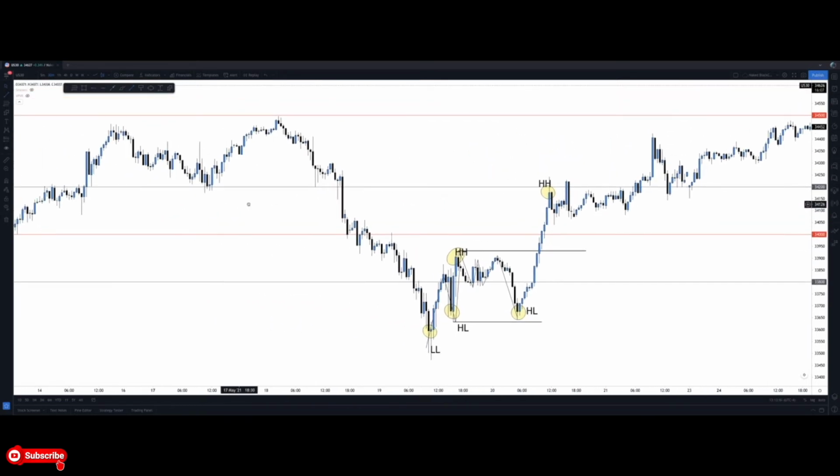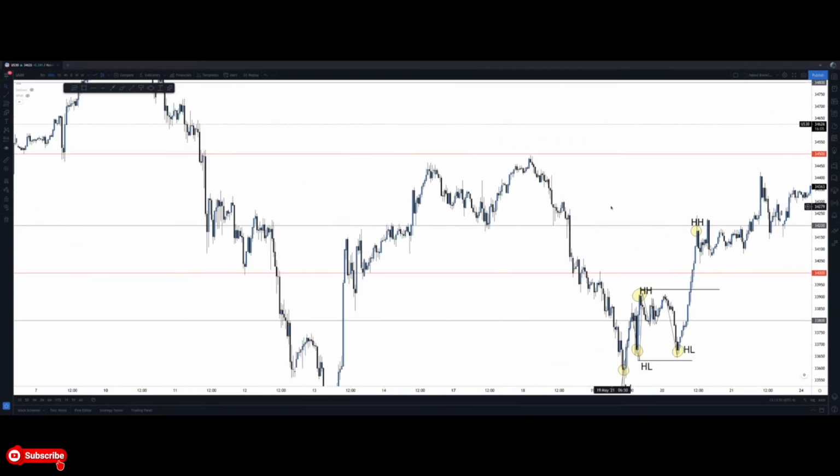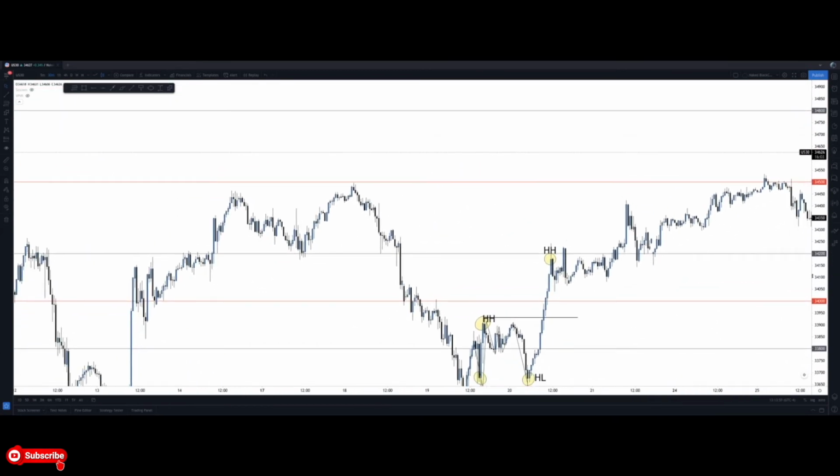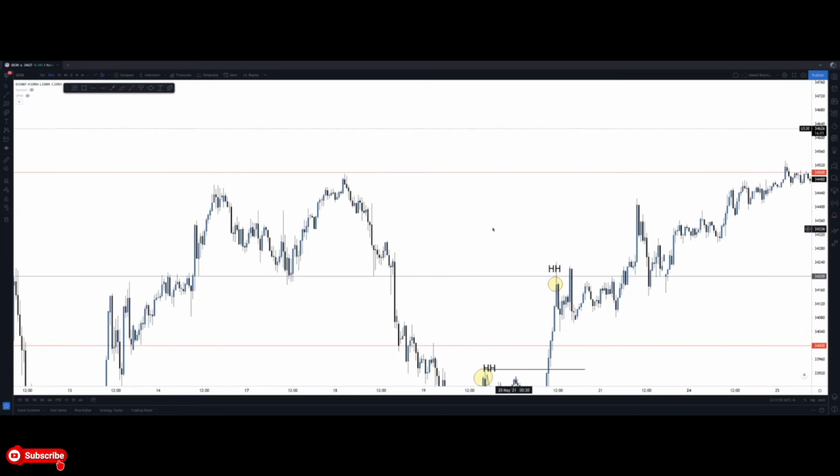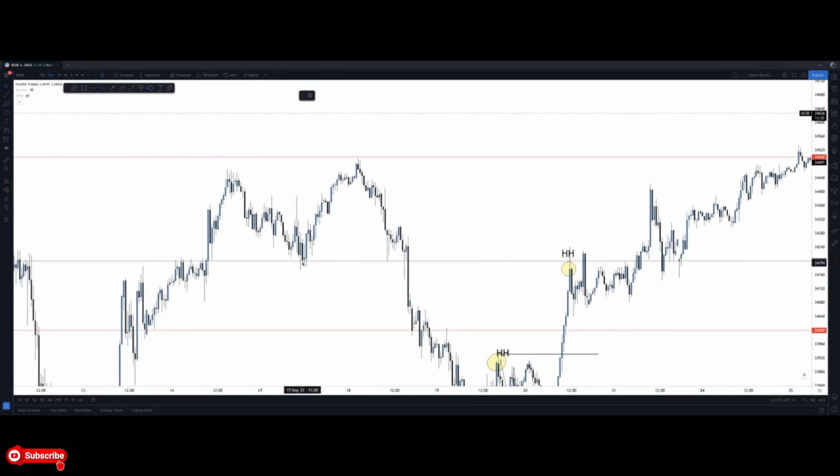So that's an example of higher high market structure in an uptrend. Now we're going to look at an example of lower lows right here. So right here, this high, we're going to be looking at this lower high, my bad.